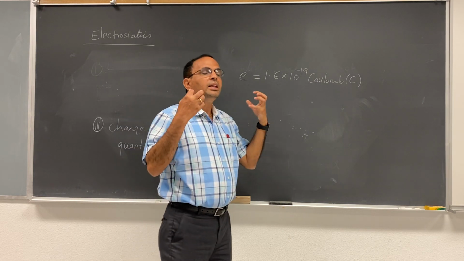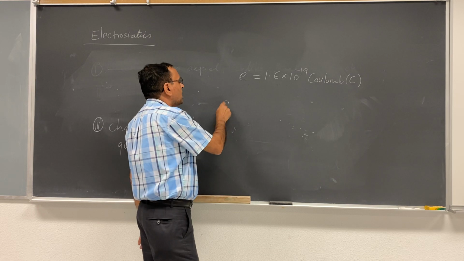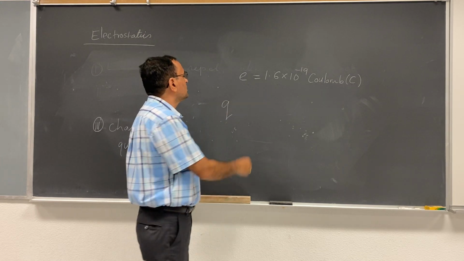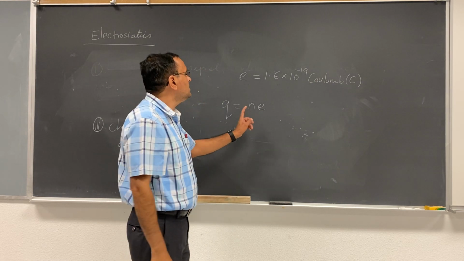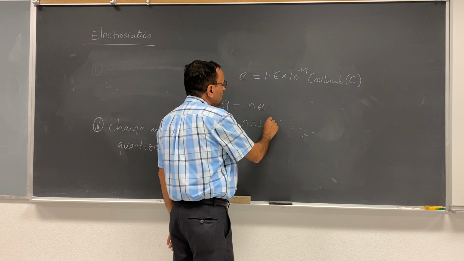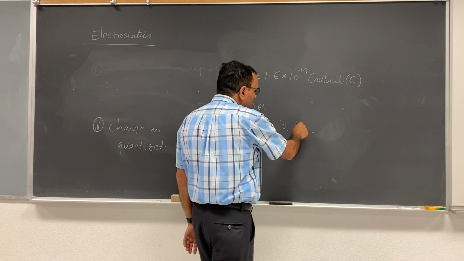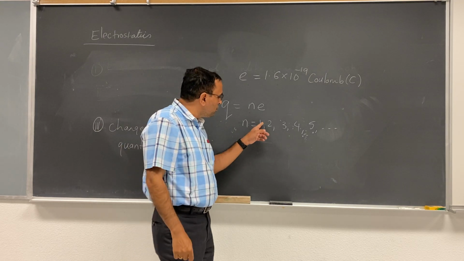Now, in any object, if you have to measure the charge, you can write the charge like this, N times E. Now this N is 1 times E, 2 times E, 3 times E, 4 times E, 5 times E, like this. You cannot take 1.1 here.